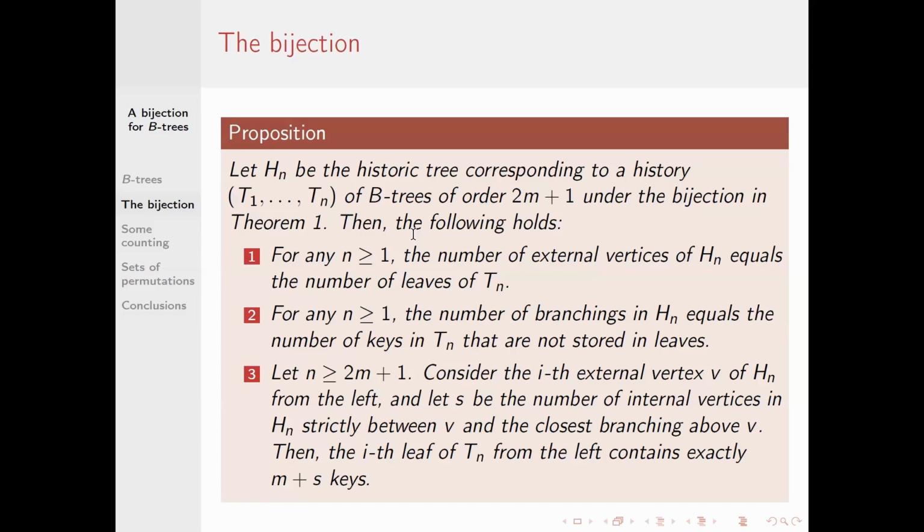But in order to prove this, you basically keep track of everything. In particular, you need to keep track of how far you are from the last branching in the historic tree. And it turns out that the number of internal vertices in between the external vertex and the branching corresponds to the number of keys in the corresponding leaf of the B-tree.